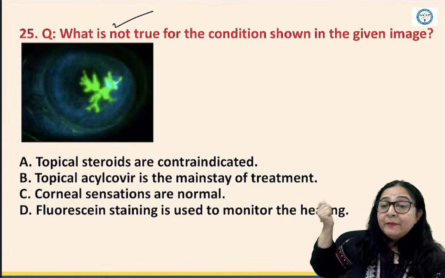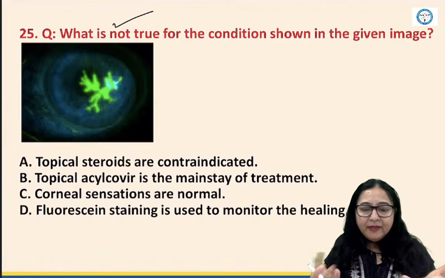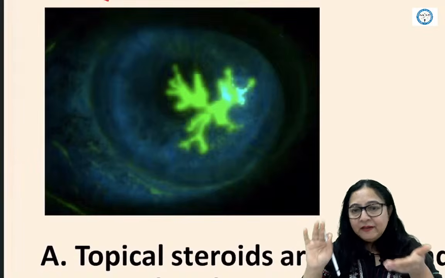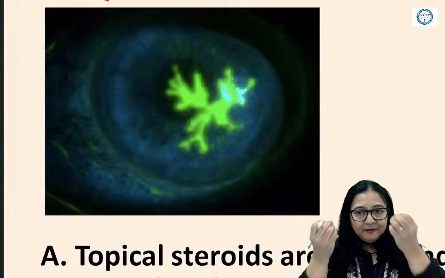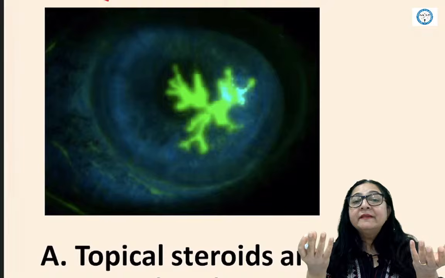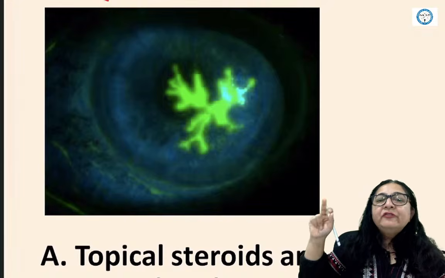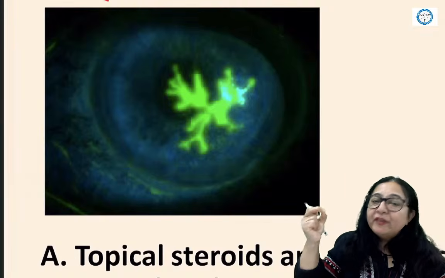Now this particular image, for example, is a spot diagnosis. Here what you are seeing is that the eye has been stained with the fluorescent dye. Once the cornea takes up the dye, that area appears green in the cobalt blue filter light. So this is showing a typical dendritic ulcer in branching pattern.